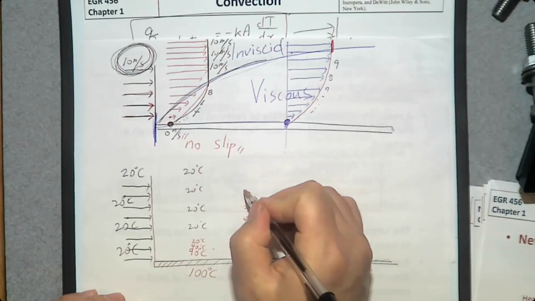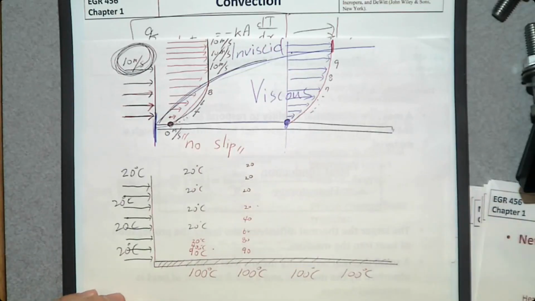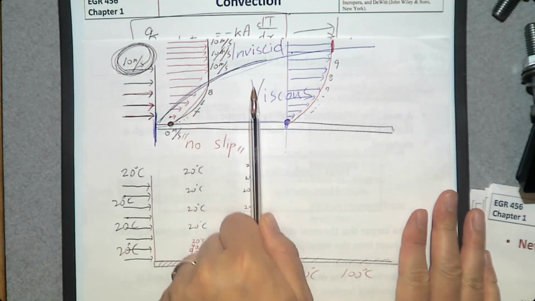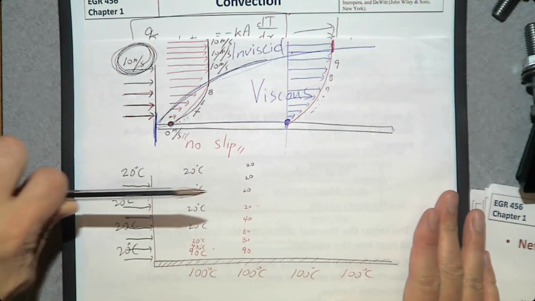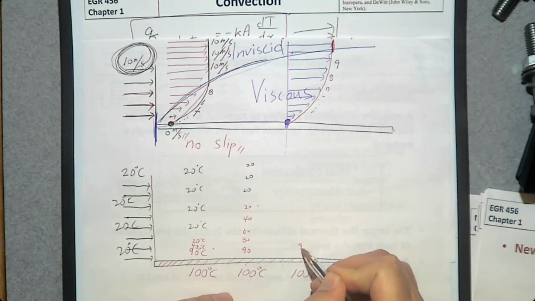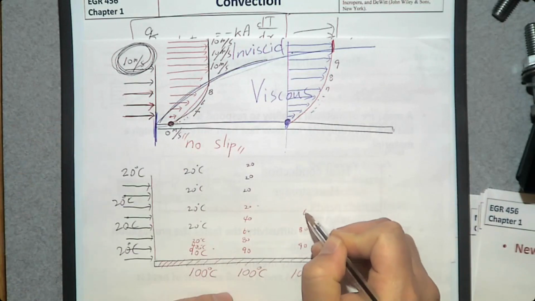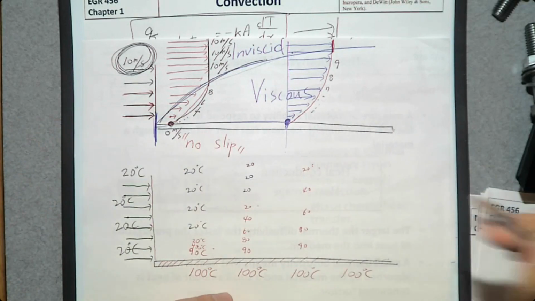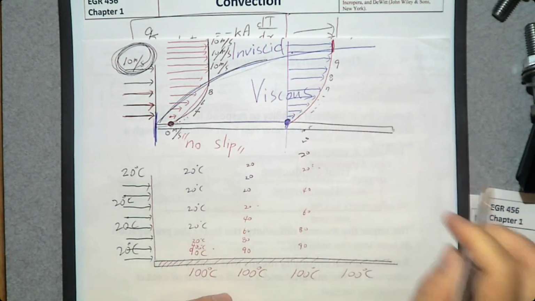Then outside of it, 20, 20, 20. Then there's continuous heat transfer in this direction while the fluid particles are flowing this way. So 90, 80, 60, 40, and 20 here. Then outside is 20, 20, 20, 20.